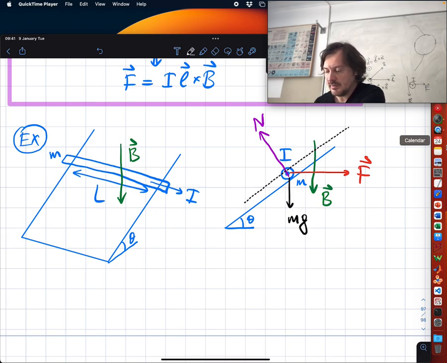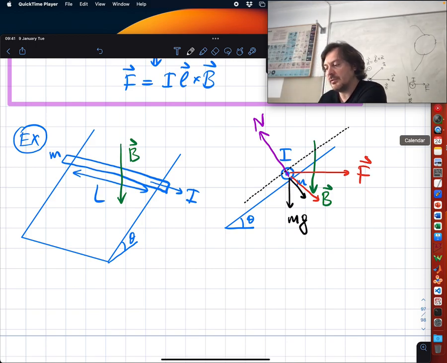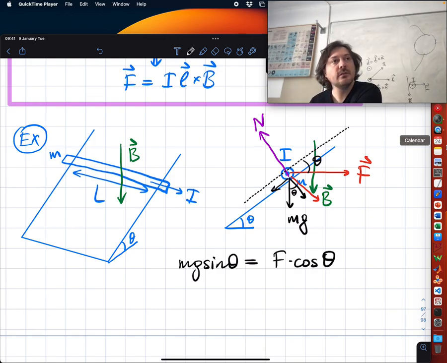Somehow the normal force is equal to the sum of this F sine theta and mg cosine theta. Very good. So what we care about is mg sine theta, which is pointing in this direction, right? It must be equal to F cosine theta. Everybody agrees with this? Yes?